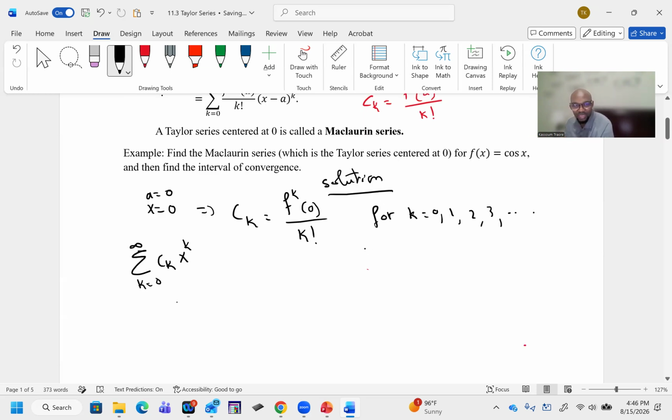So, we know f of x is what? Cosine x, right? So this implies f of 0 will be equal to 1. So that means c sub 0 will be 1 divided by 0 factorial, which is 1, right?